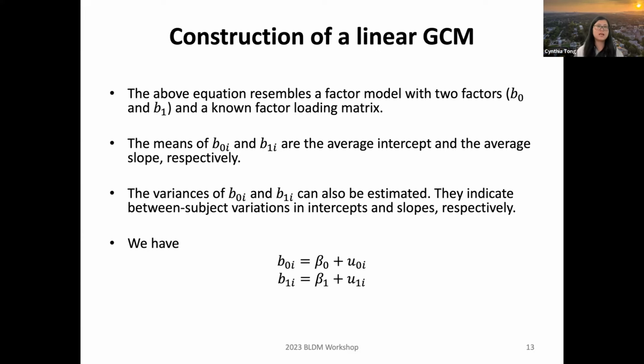They indicate the between-subject variations in intercepts and in slopes respectively. For the simplest case, we have the random intercept and random slope equal to the average intercept and average slope plus a random component. This is also called an unconditional linear growth curve model.